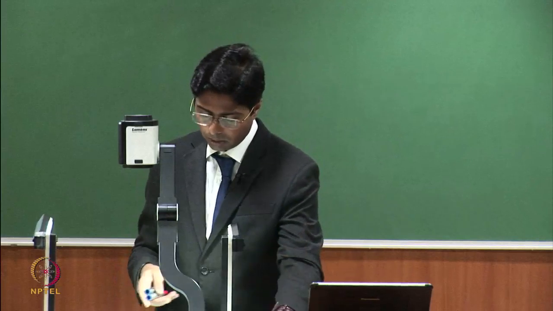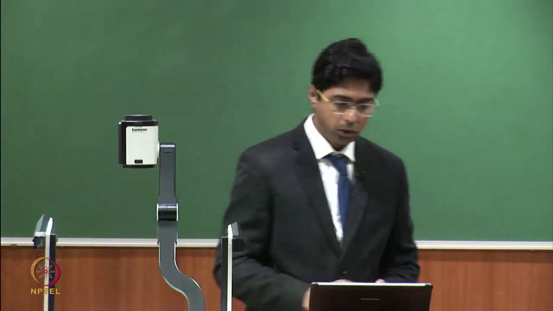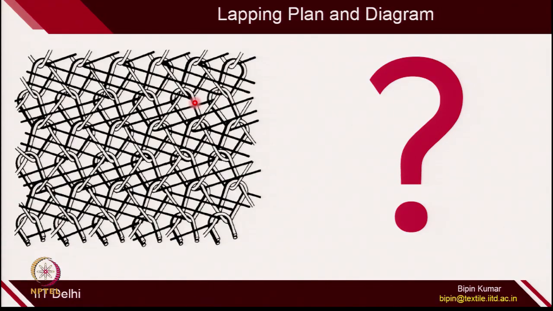This is the principle, because once the fabric representation is clear to you, you can go for designing the fabric. There are n number of fabric designs available in the literature. So, I expect all of you to keep following and doing such practices and learn the lapping plan and lapping diagram.